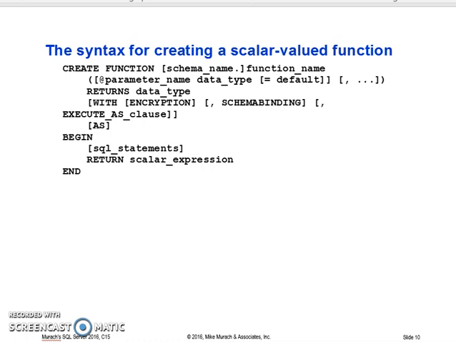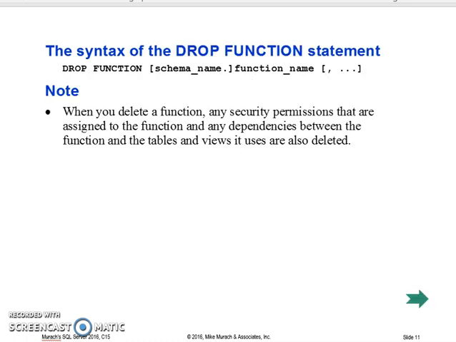It must return a value compatible with what you specified in the returns clause. And to delete a UDF from the database, use the drop function statement. When you delete a function, any security permissions that you are assigned or that you assign to the function and any dependencies between the function and the tables and views it uses are also deleted.